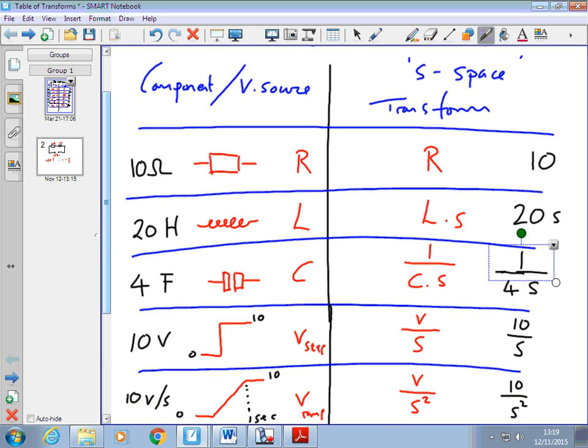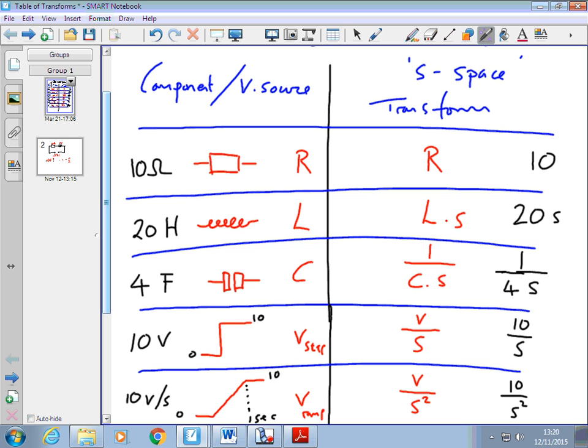Here's the voltage, a step voltage, and we're going to transform that into S space. Then we take our components, our resistance and our capacitance, and transform those into S space, manipulate them until they look like one of the components in our table, and we'll talk about that more when we get to it, and then transform it back and see what we get.